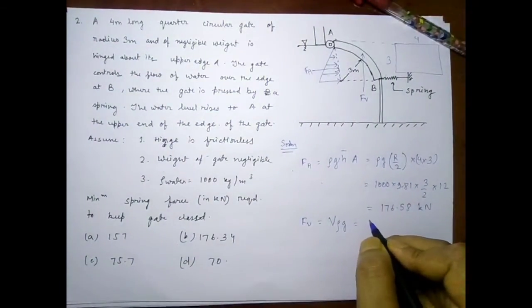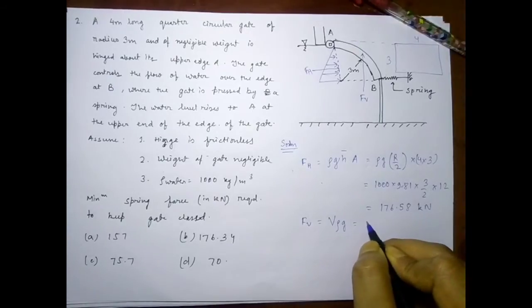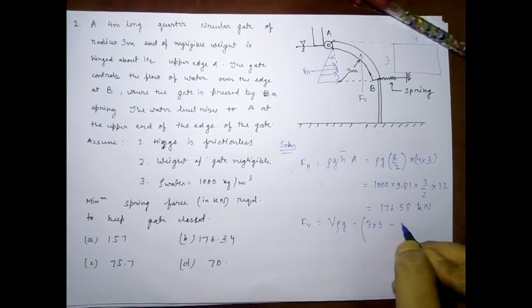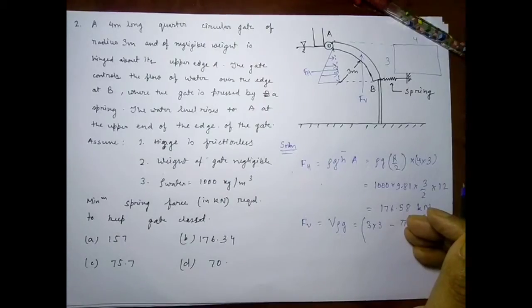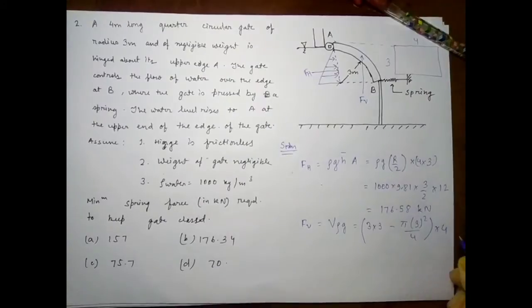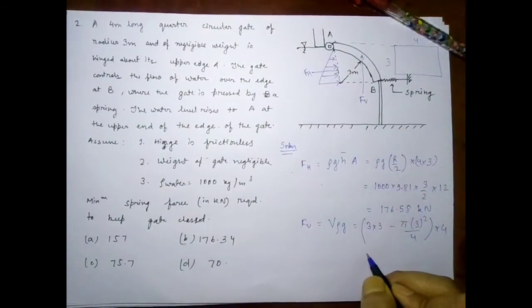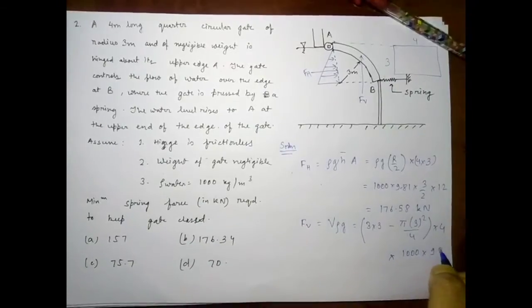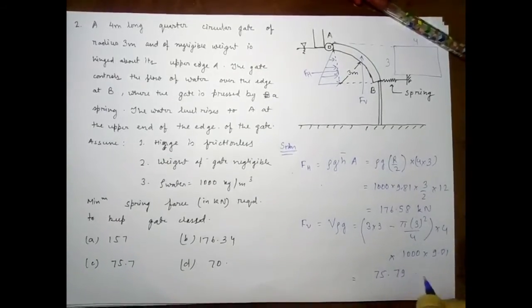So the volume is basically 1/4 of a cylinder, so it will be 3 cross 3 minus pi 3 square upon 4, because we don't have the circles over here, times 4, that is the height of the cylinder, and that will be multiplied by 1000 times 9.81, and thus we will get the vertical force as 75.79 kilonewton.